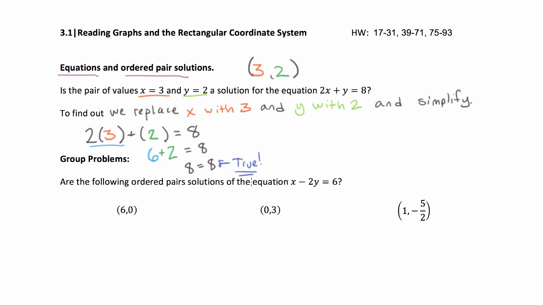So because that is true, (3, 2) is a solution, because 8 equals 8 is a true statement.